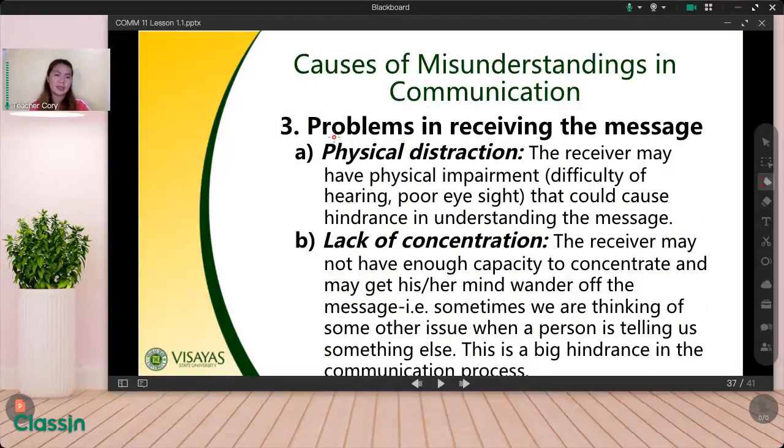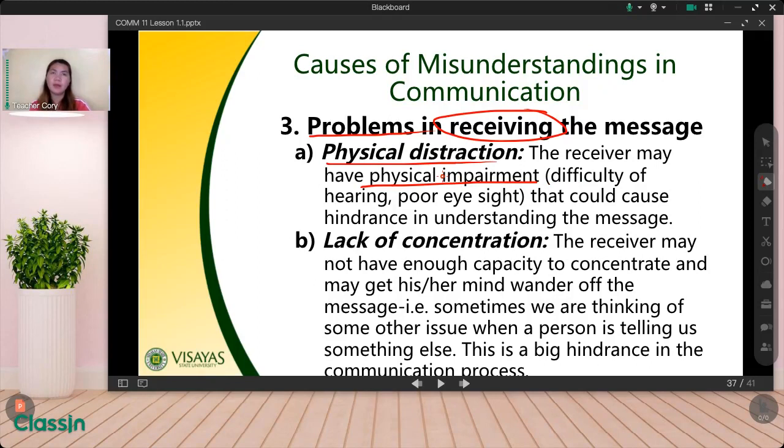So that's one. And then problems in receiving the message. So in reception, there would also be physical distraction. So there might be physical impairment, that's difficulty in hearing or poor eyesight when reading. So physical distraction could be physiological. This is a physiological aspect that would cause hindrance in understanding the message.